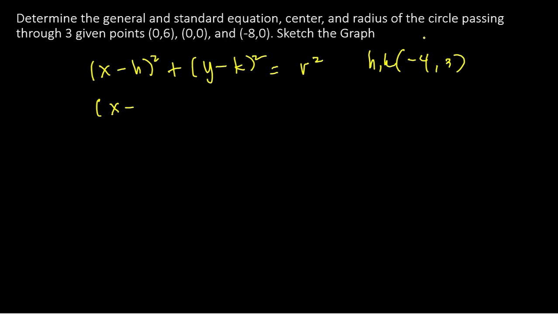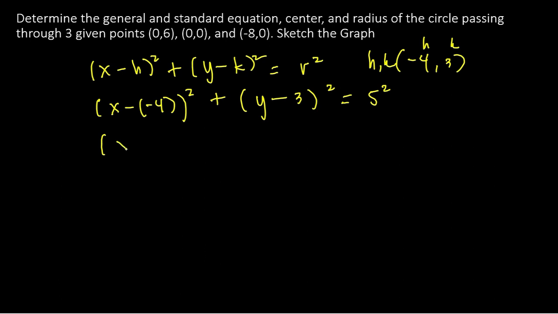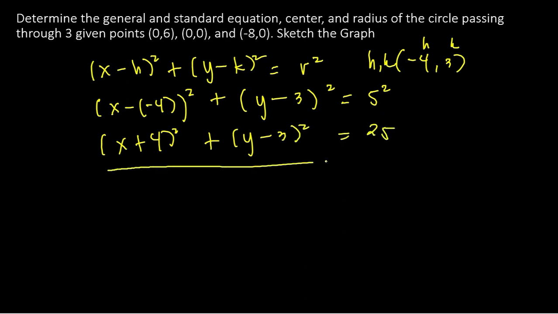So, ito yung h, ito yung k. So, we will have x minus negative 4 square plus y minus 3 square is equal to, yung nakuha nating radius kanina, 5 square. So, simplify natin siya. So, we will have x plus 4 square plus y minus 3 square is equal to 25. Ito na yung ating standard form o yung ating standard equation.